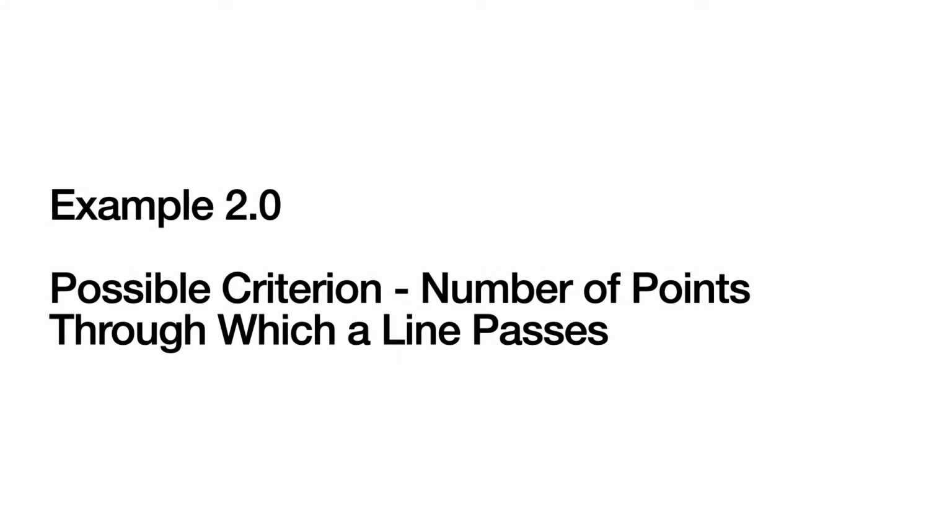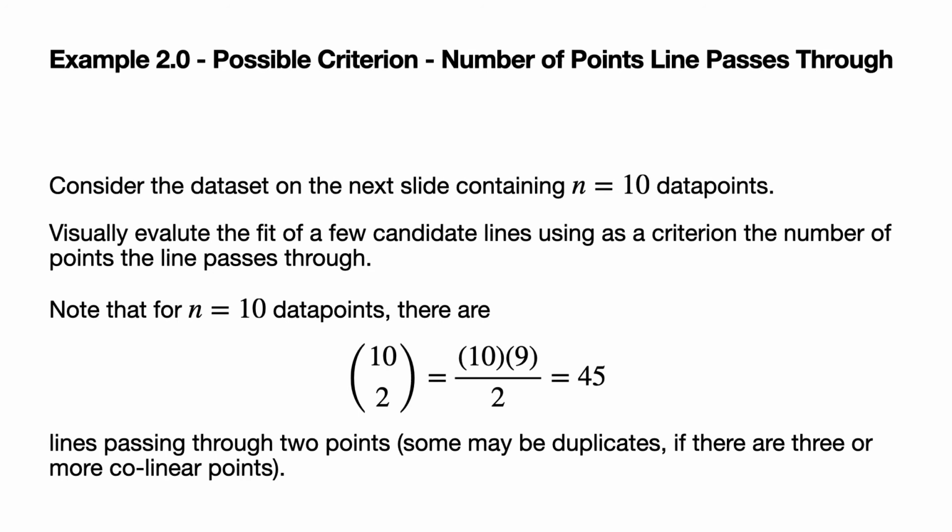So let's look at an example of this. We'll call this example 2.0. It's not in the textbook. And the possible criterion that we're using here is the number of points through which a candidate line passes. So consider the data set on the next slide containing 10 data points.